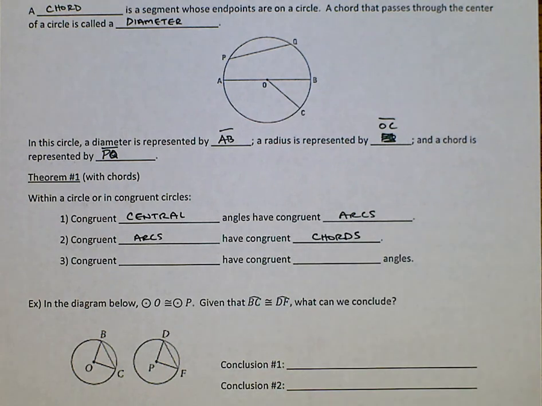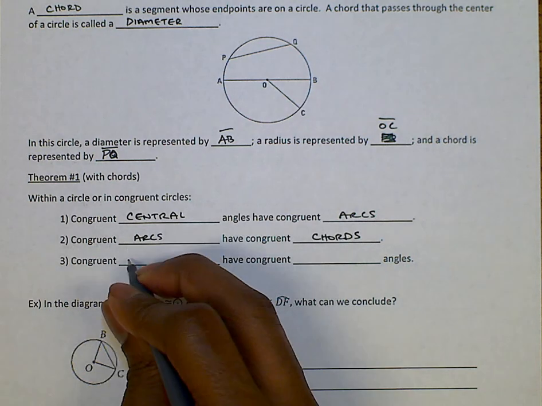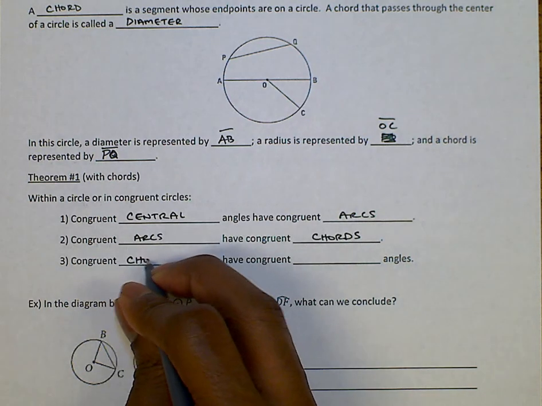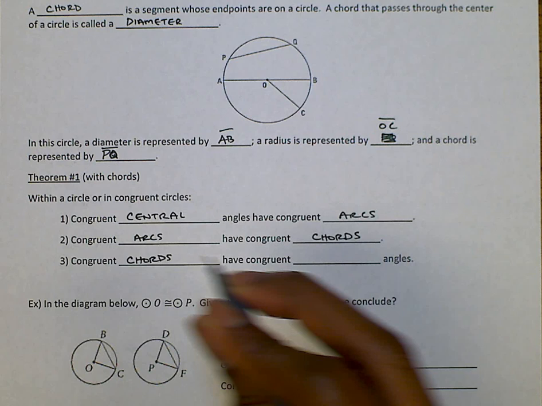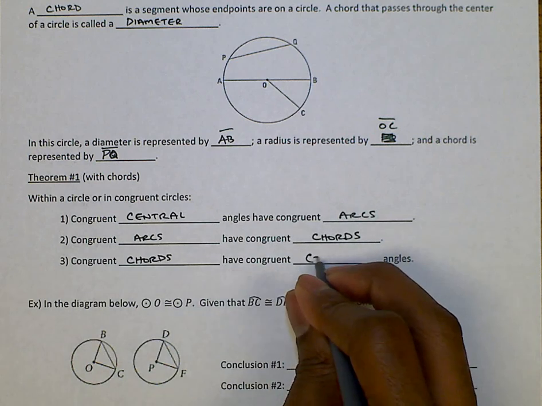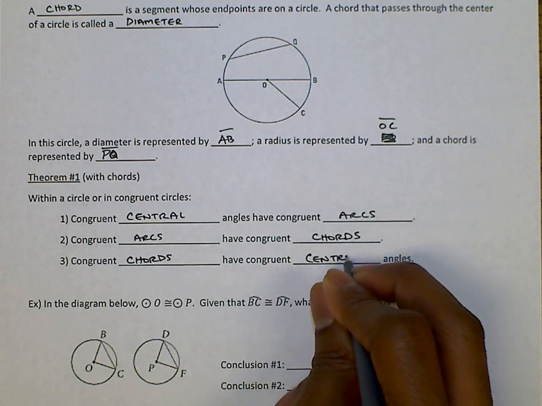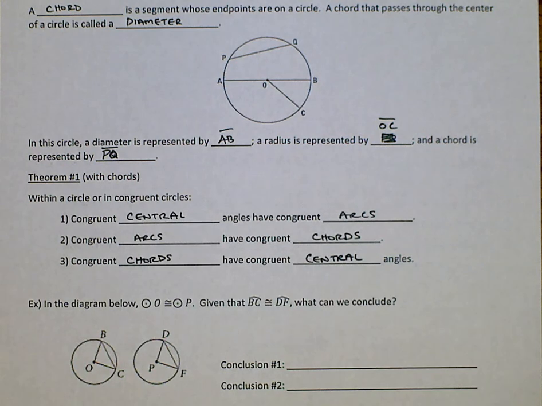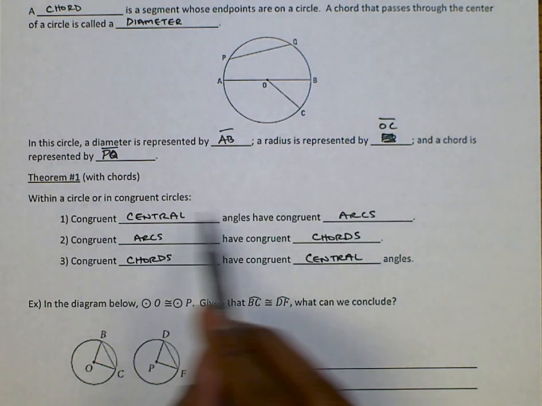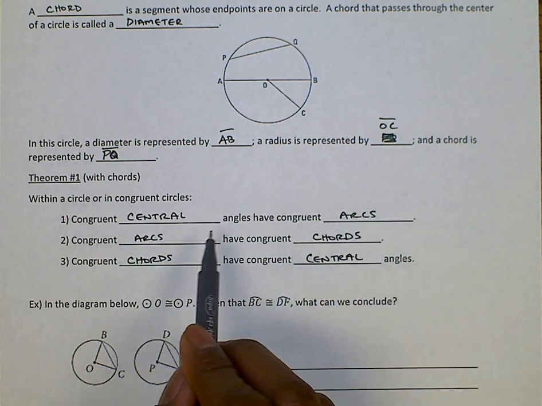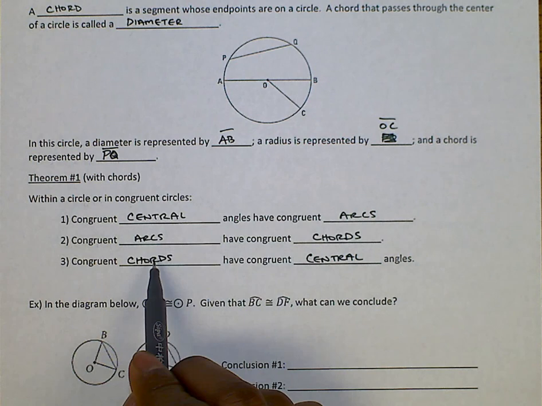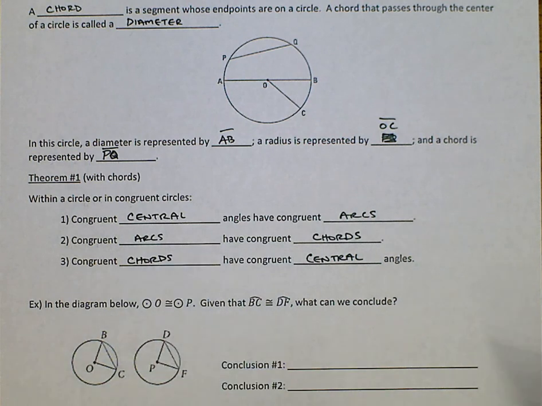And then congruent chords will have congruent central angles. So it's the relationship between these three geometric figures that are in a relationship together. Central angles have congruent arcs, which have congruent chords. That means congruent chords will have congruent central angles.